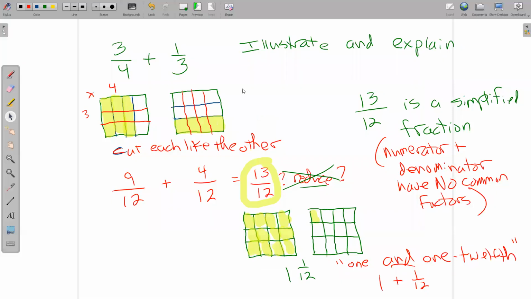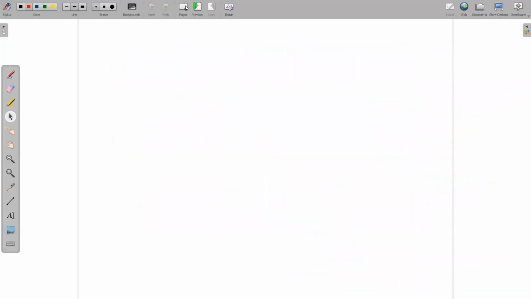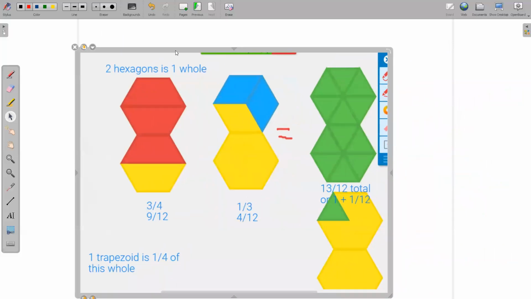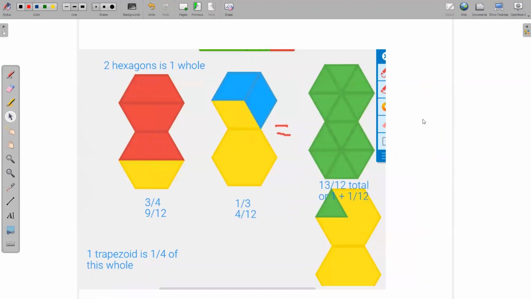Oops, wrong page. Is the idea of relating how is the 13 twelfths related to the 1 and 1/12. 13 twelfths versus 1 and 1/12.